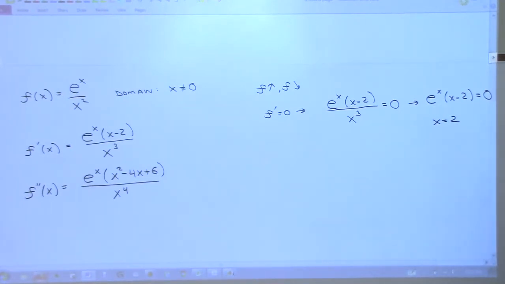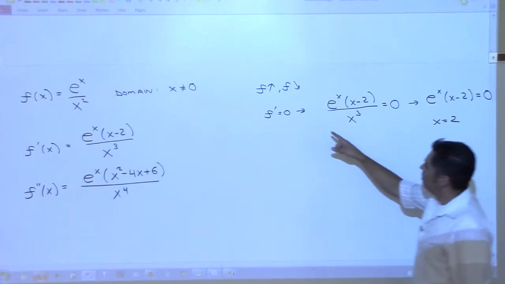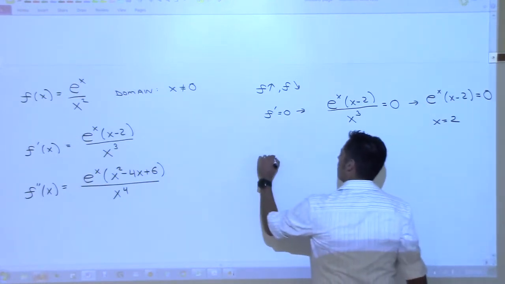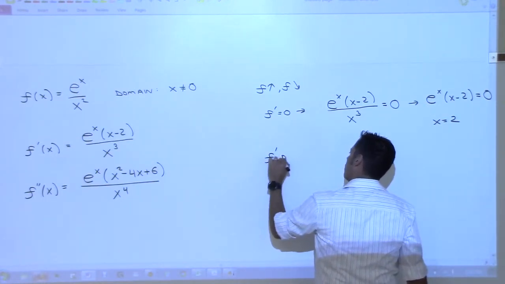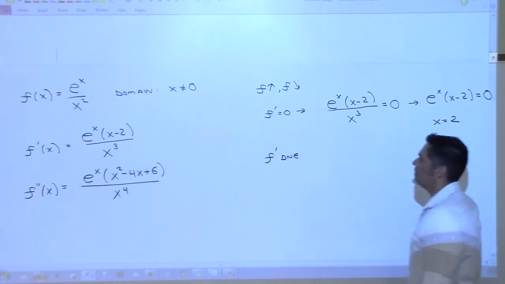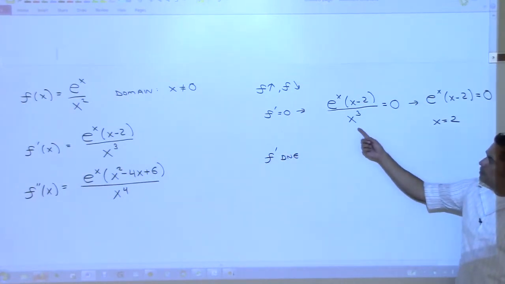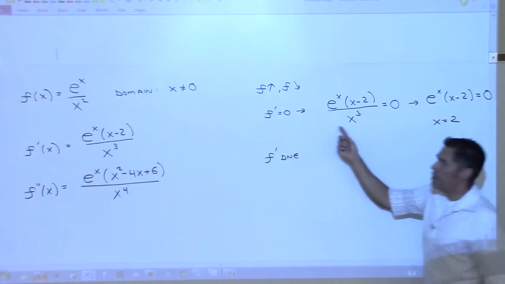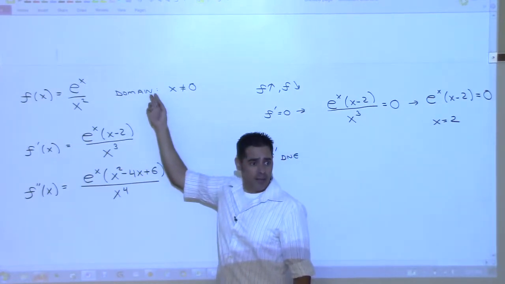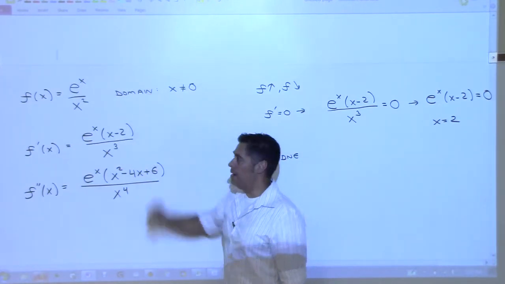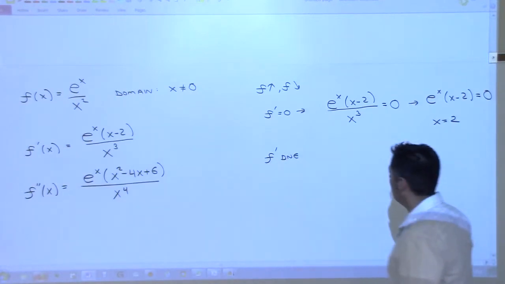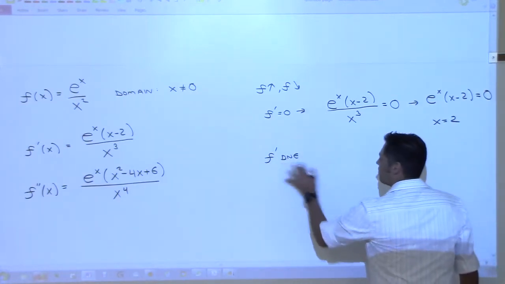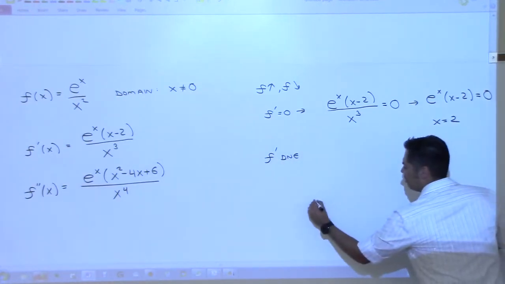Now, what about anywhere where we're undefined or where it doesn't exist? At 0, right? Remember though, 0 is not in our domain. Do you agree? Okay. So now we don't have to worry about this, but we do have to worry about it. Let me draw a number line.